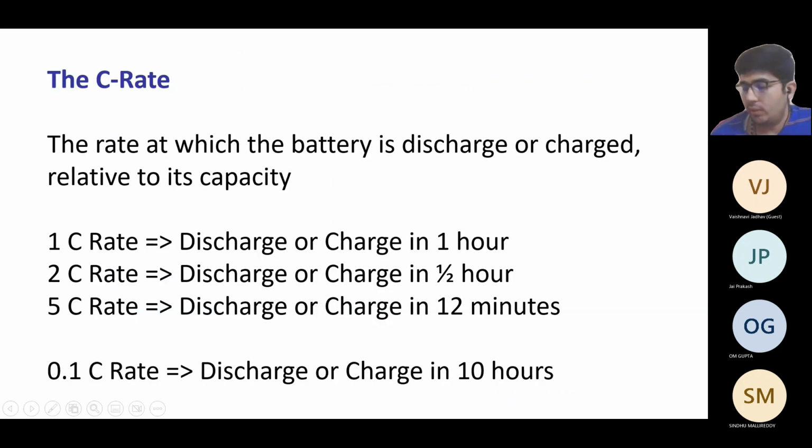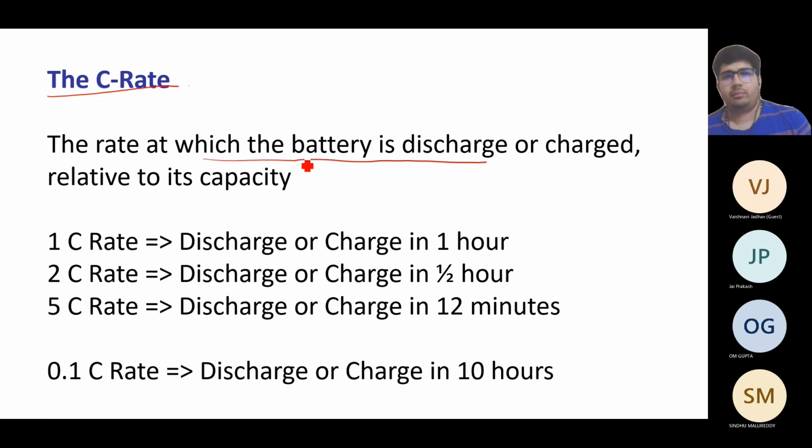Now come to the C rate. The C rate is very important actually. The C rate is the rate at which the battery is discharged or charged relative to its capacity.